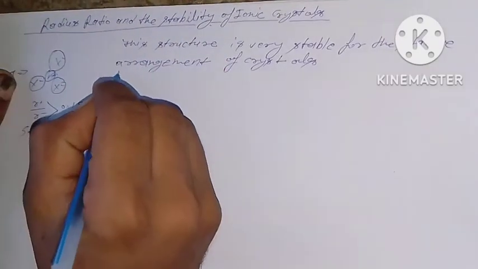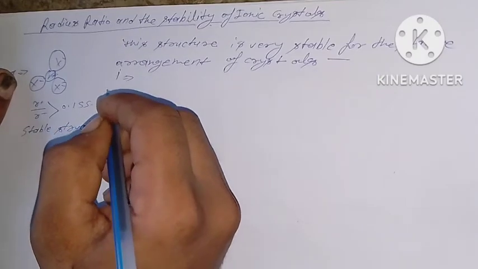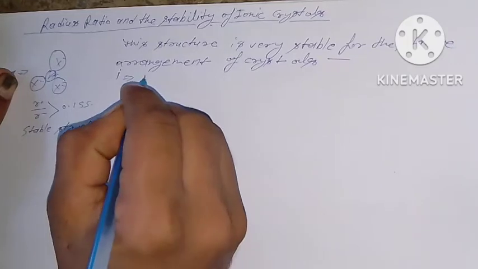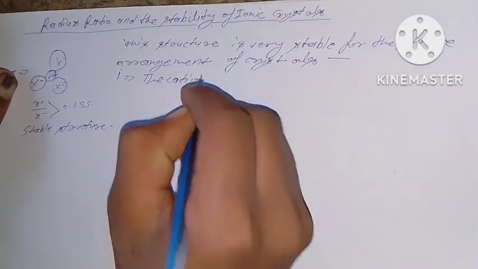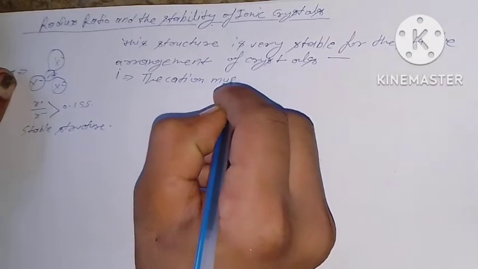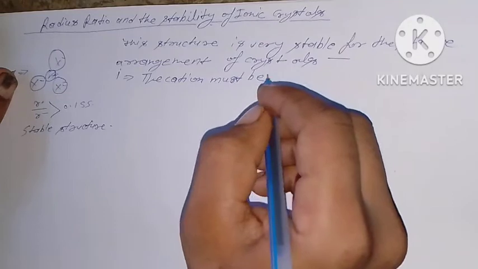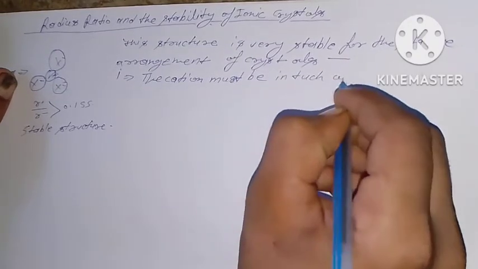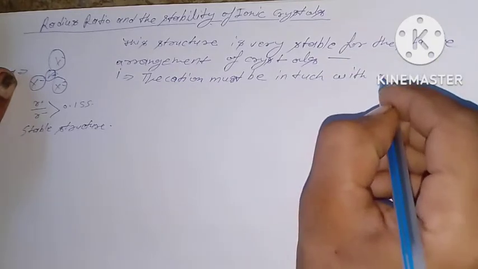First point: the cation must be in touch with all the anions.